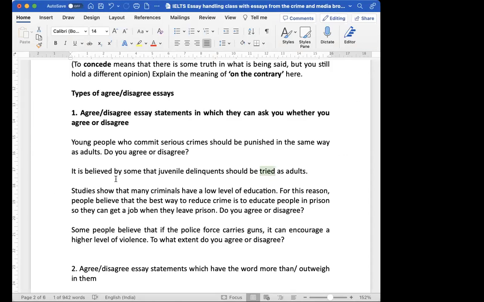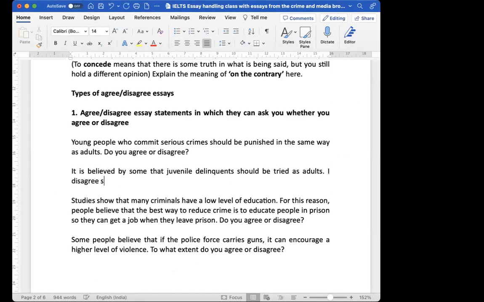Okay. So it is believed by some that juvenile delinquents should be tried as adults. I disagree strongly with this mindset, with the given statement. Okay.